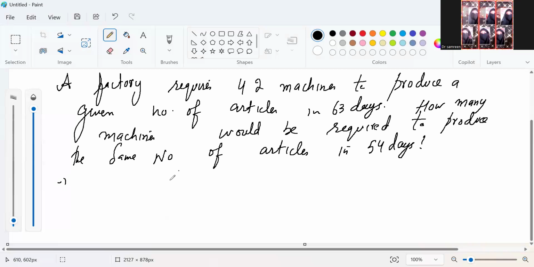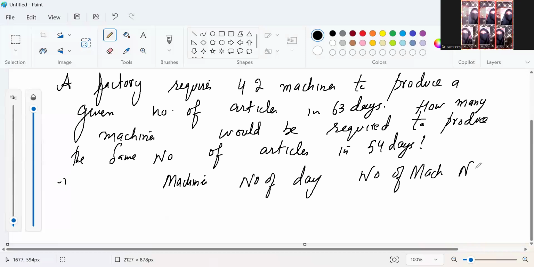A factory requires 42 machines. So number of machines and number of days. Number of machines, number of days. A factory requires 42 machines to produce a given number of articles in 63 days. How many machines would be required to produce the articles in 54 days?